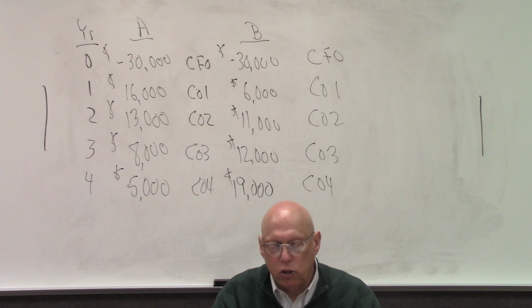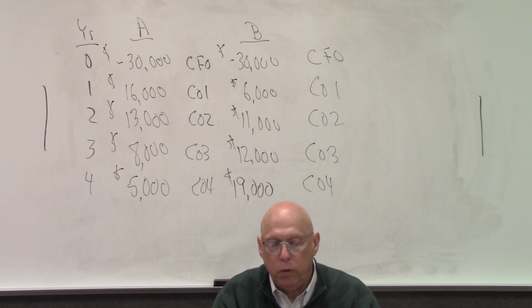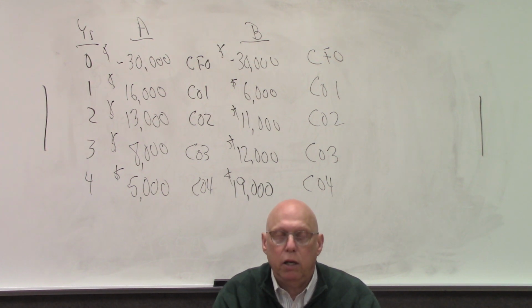The disadvantages are the internal rate of return does not generate how much dollar value a project creates. This makes the internal rate of return useless in choosing between mutually exclusive projects, meaning if you have a certain amount of money to invest, you have two projects you're looking at, you can only do one. Which one should you do?